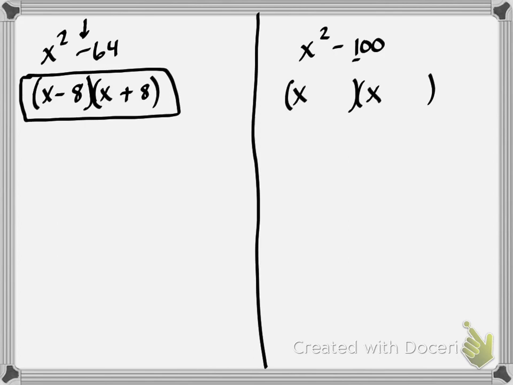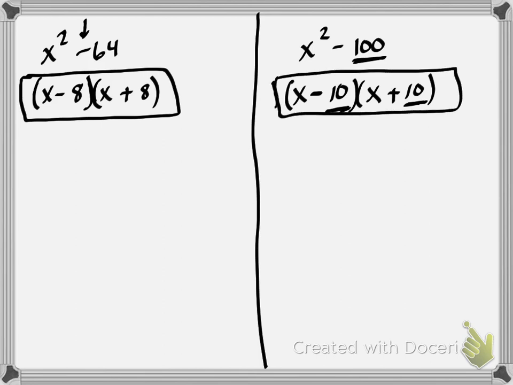I see a perfect square there, 100. So what's its square root? Whatever its square root is will go here and here. And if you know the square root of 100, it's going to be 10 and 10. One has to be negative and one has to be positive. And that is factored.